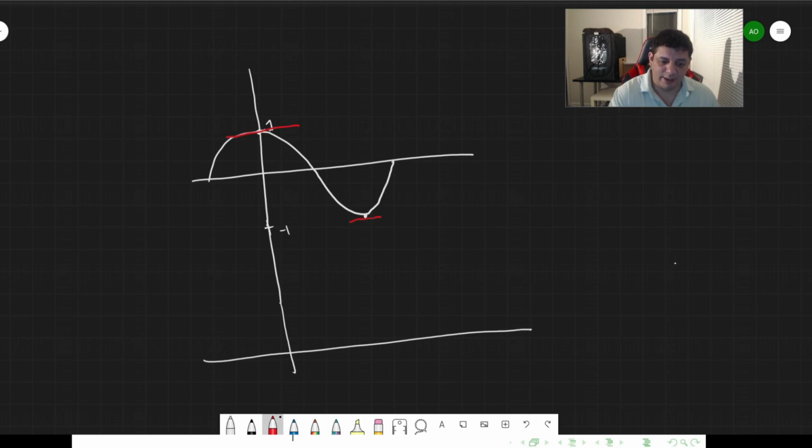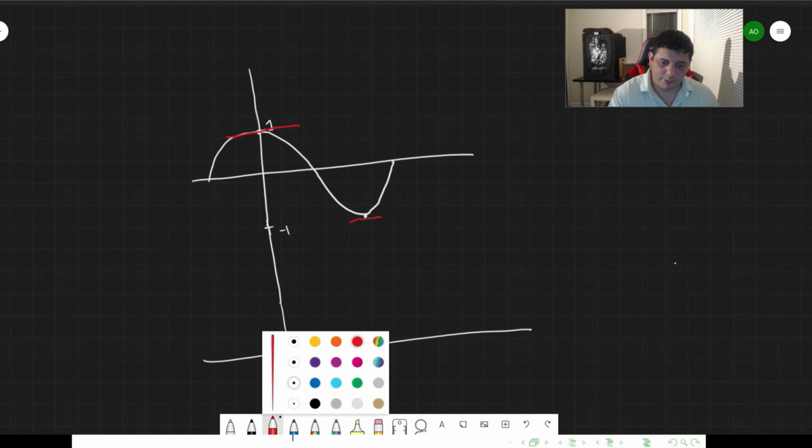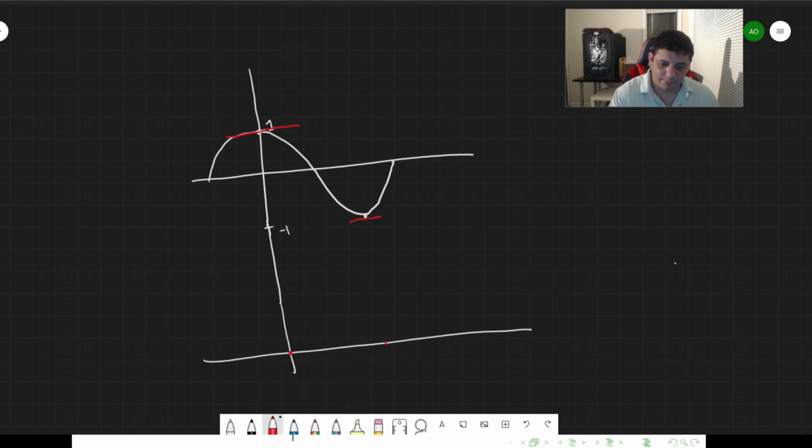So this is now a 0 of the derivative function, and this one here is also going to be a 0 of the derivative function. Okay, so these two correspond to zeros.